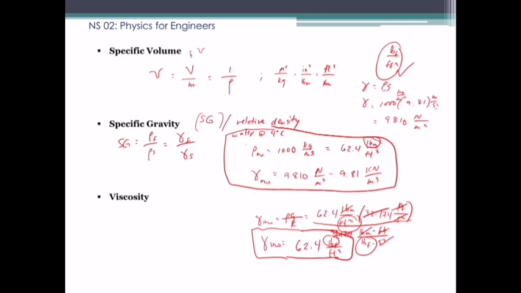Since we use the standard gravitational acceleration, it is cancelled directly.